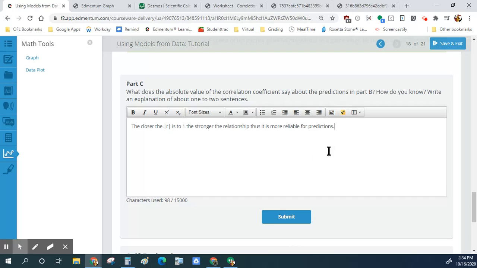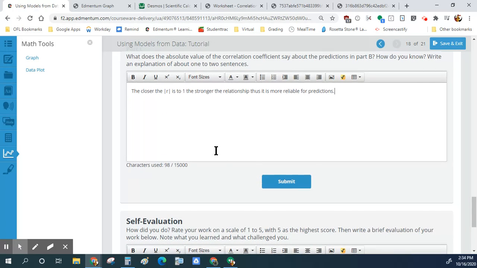That's all we're saying. How do you know? Just because it's stronger than that. Do one or two sentences. I did one.